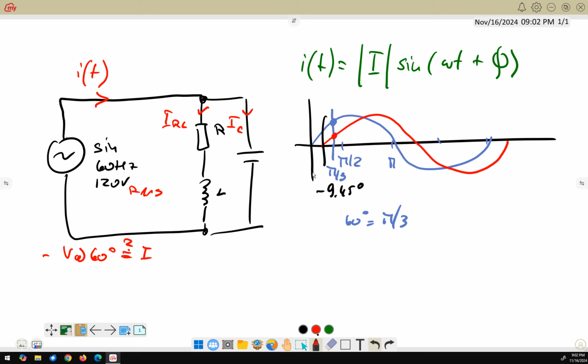We bear in mind that the phase angle is important. That means this one is 60 minus our 9.45 degrees, and then we can calculate, and then we get our temporary current at 60 degrees.